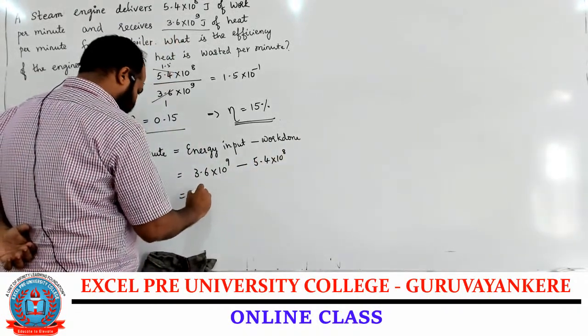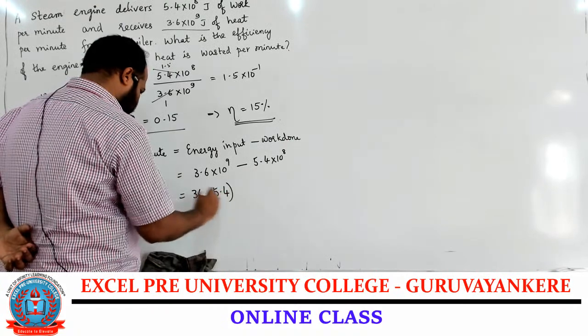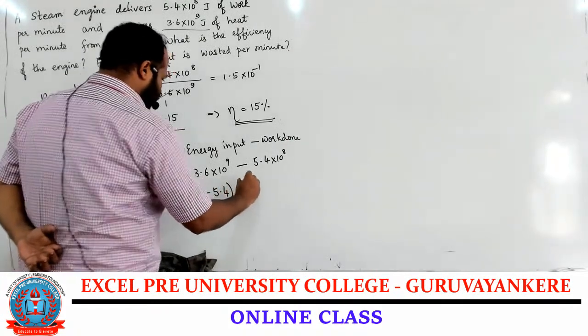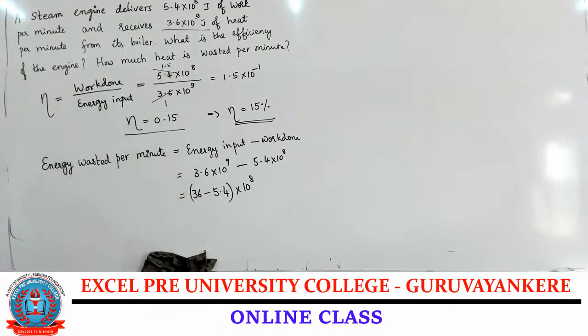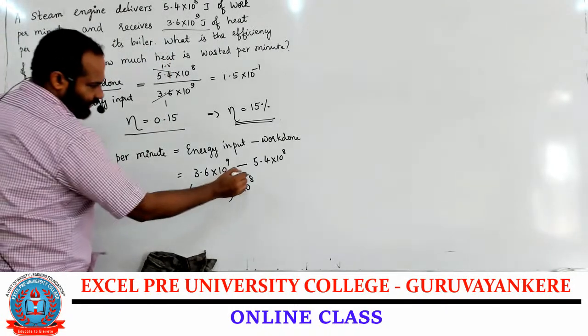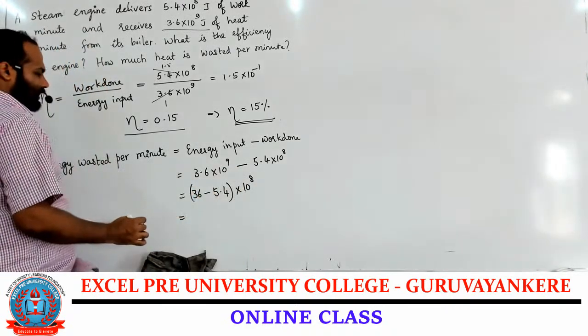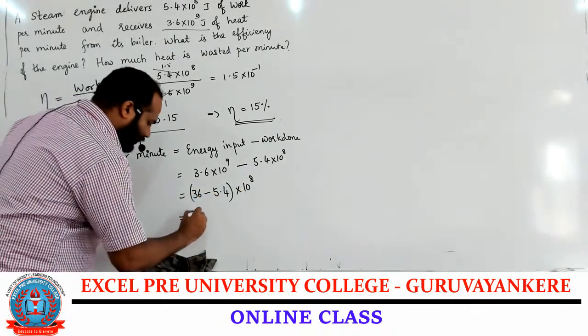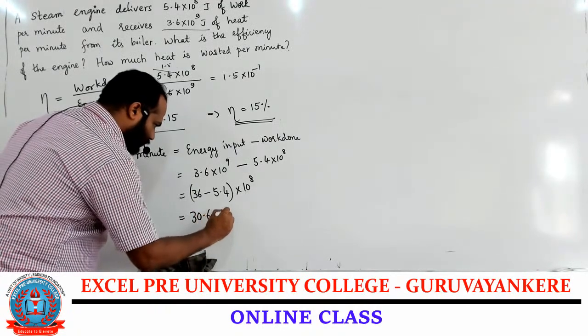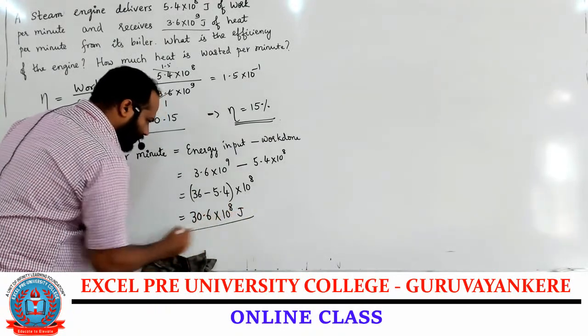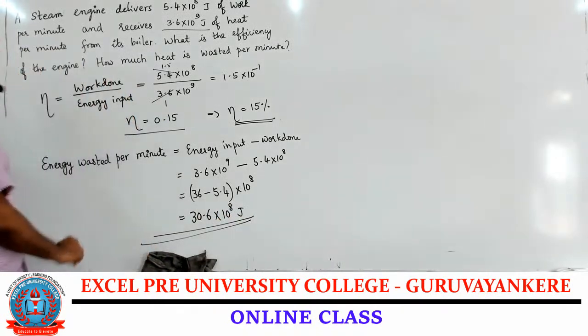I can write this as 36 minus 5.4 into 10 to the power 8. That is equal to 30.6 into 10 to the power 8 joules of energy wasted every minute. Every minute so much of energy is wasted from that steam engine.